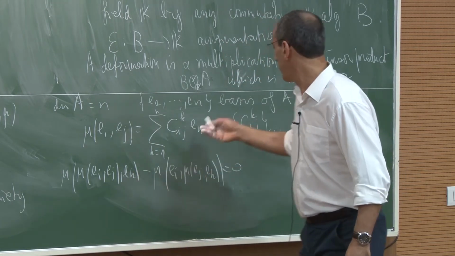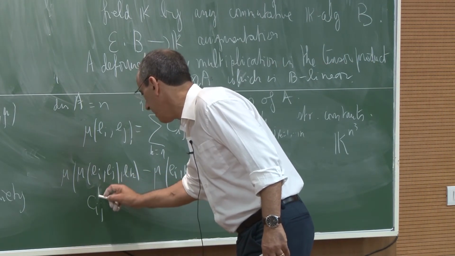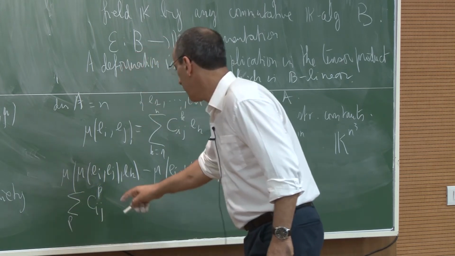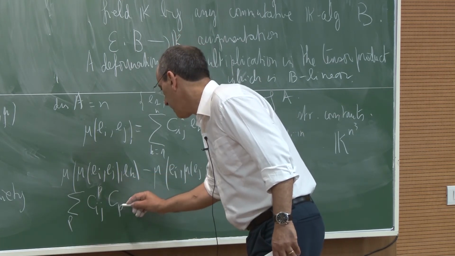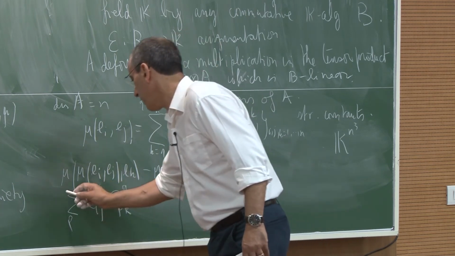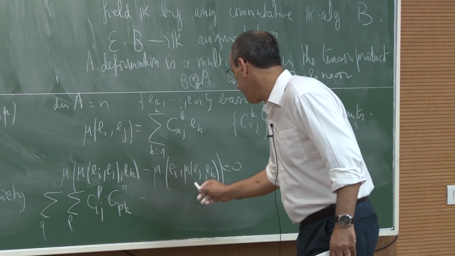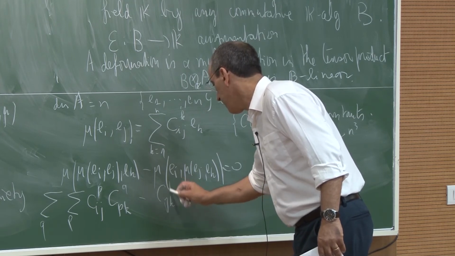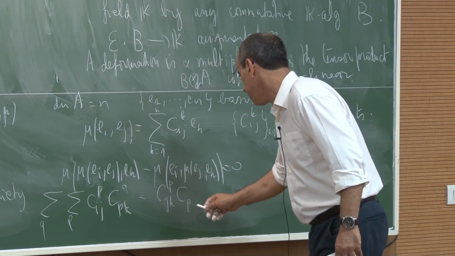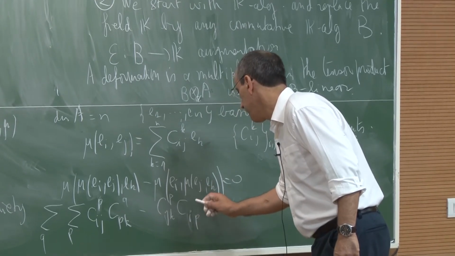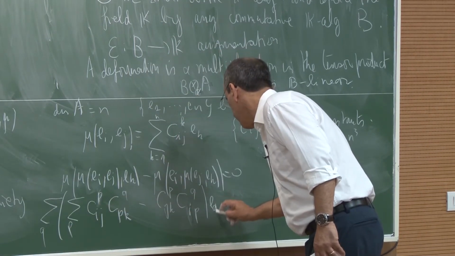Using the structure constants, we get the sum over p of c_ij^p, then from here I have Ep, and it becomes c_pk^q, sum over q, Eq, and from this side we get c_jk^p and then c_ip^q, Eq, equals 0.